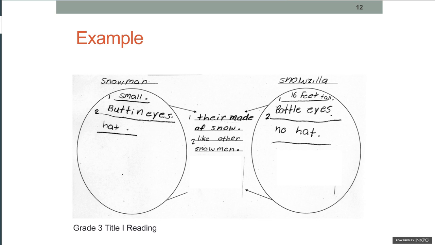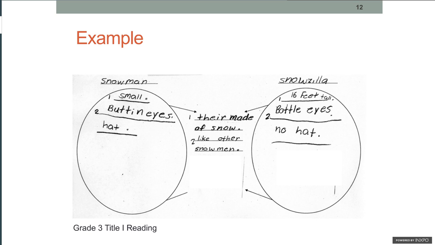It's not really a Venn diagram. It's just two circles. But if you look carefully, despite the numbers, don't pay attention to the numbers, she didn't count them right, she has actually identified 3 different ways that a snowman and Snowzilla are different: in size, in what their eyes are made out of, and in whether or not they're wearing a hat.